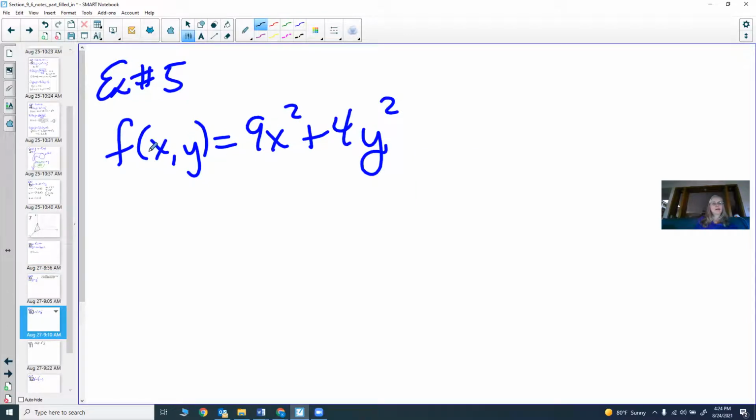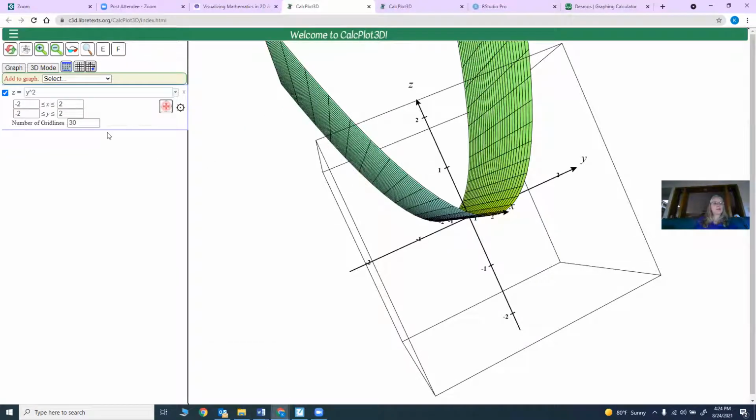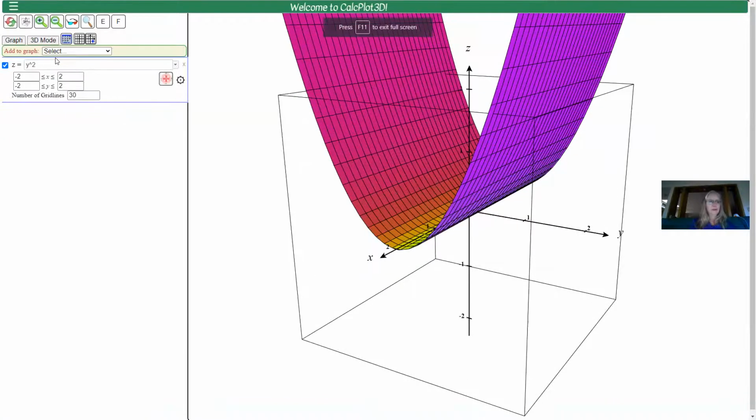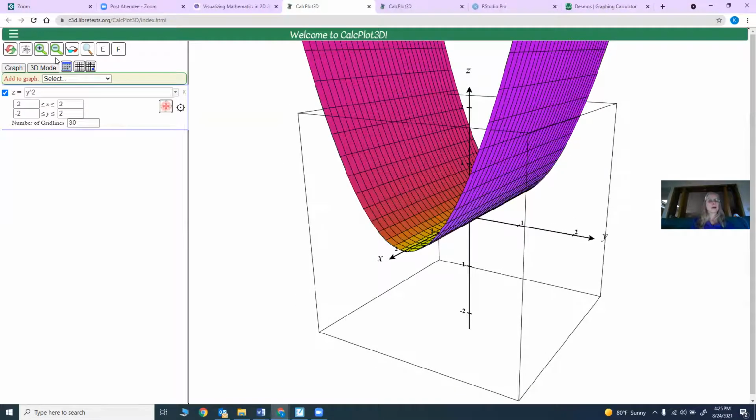Let's look at the function 9x squared plus 4y squared. So again, I'm going to go back into the calc plot. I'm going to go ahead and hit the home button. Don't know where my home button is on my keyboard, oh, there it is. Hit the home button because I did function and that didn't work.